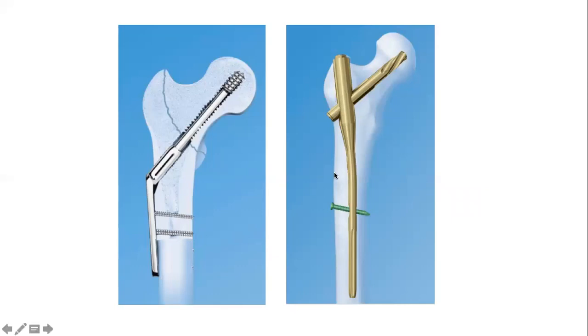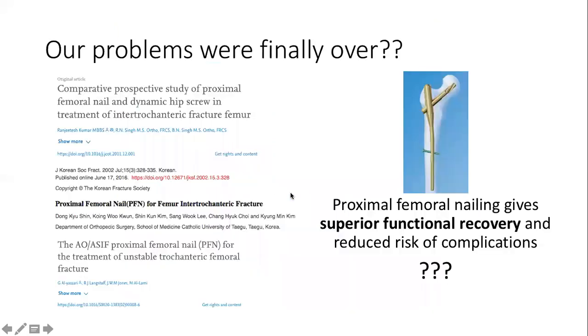And we also know that any intramedullary device is far better compared to an extramedullary device. So initially, when we started doing proximal femoral nail, some good results were there, and we thought our problems were finally over. Initial results showed that proximal femoral nail gives superior outcome and functional recovery compared to dynamic hip screw.